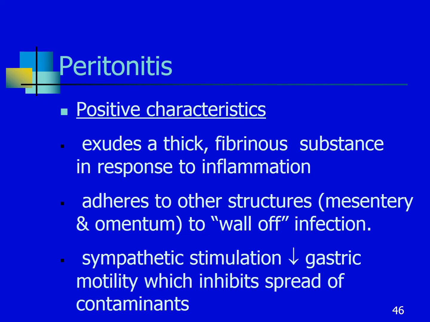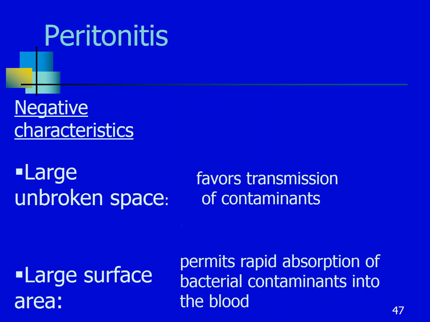The sympathetic nervous system causes a decrease in gastric motility, right? Because in a fight or flight, the GI system's like, we're not worried about food right now, right? Which inhibits the spread of the contaminant, which is good, because if there's increase in motility, then things move a little faster. All right, next slide. The negative characteristics: you have a large space, unbroken.